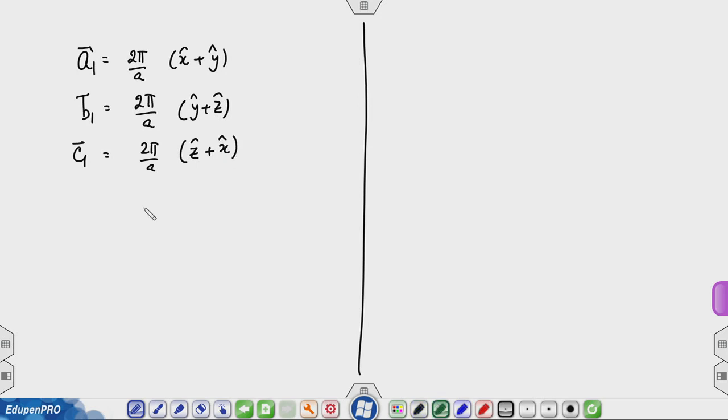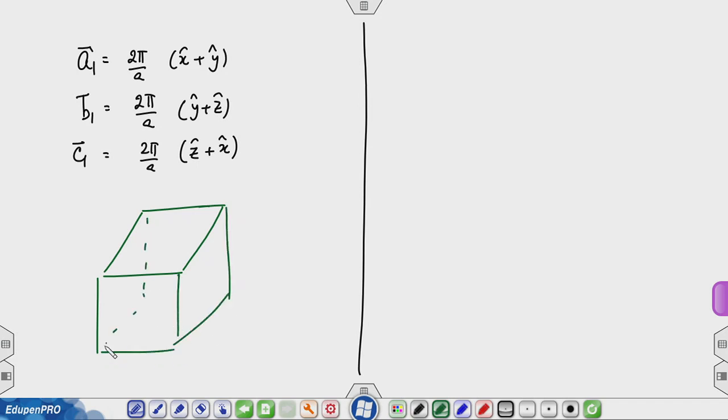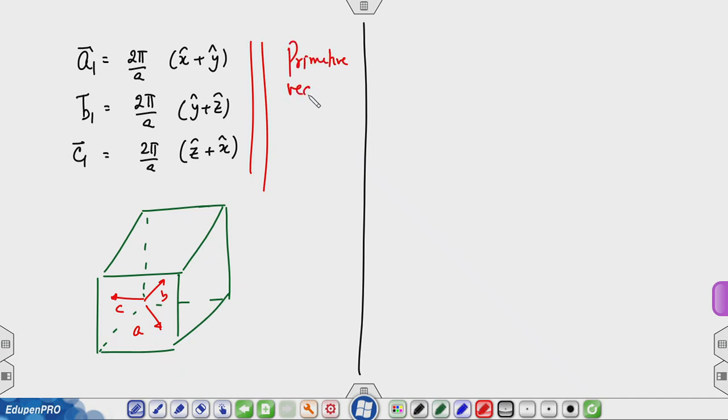So, for this BCC, what I have in the reciprocal space is 3 unit vectors A, B, and C. These are the primitive vectors of FCC.